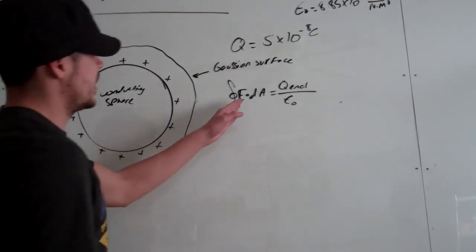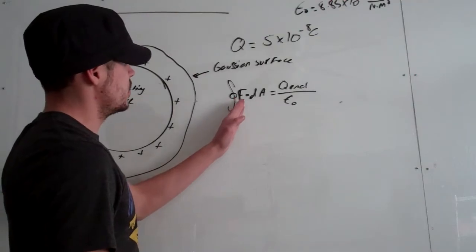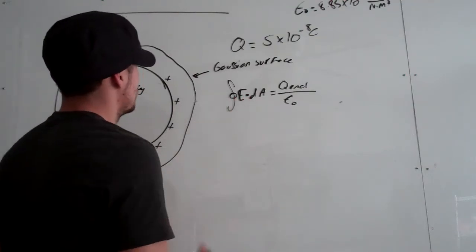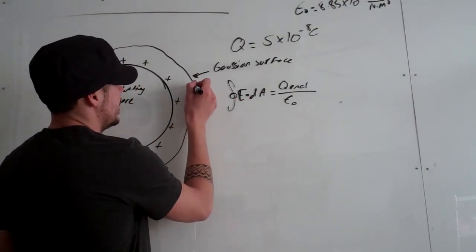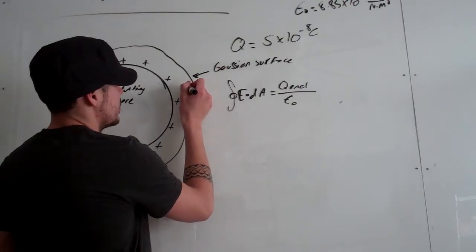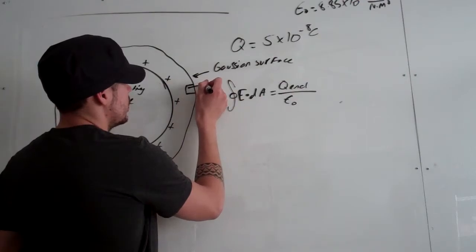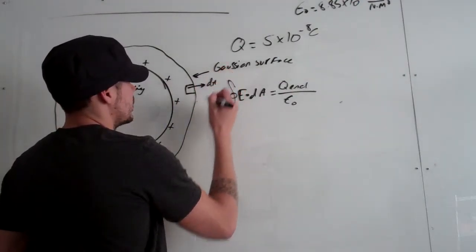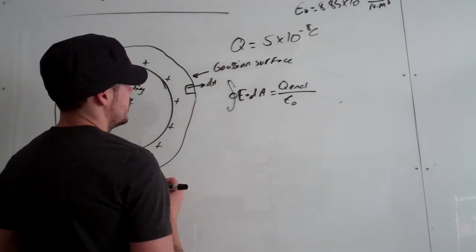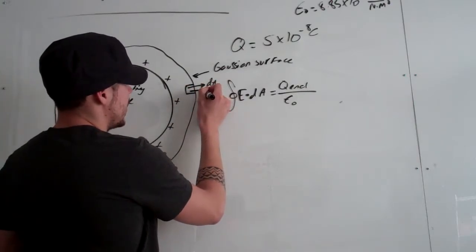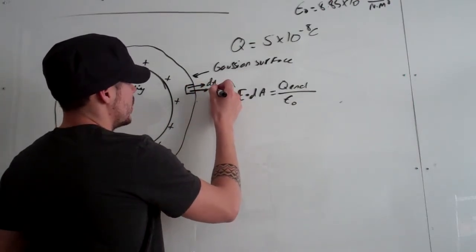So here, if we look at E dot dA, it's saying the E field with, here's our dA. In this case, we have this small area which we call dA, and then we have the E field coming out of this small area, which we call E.